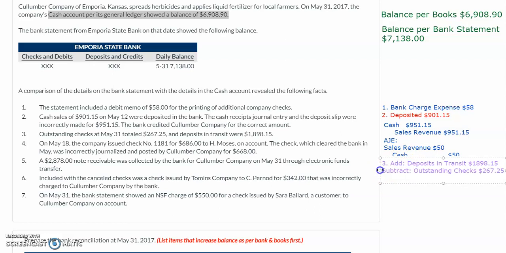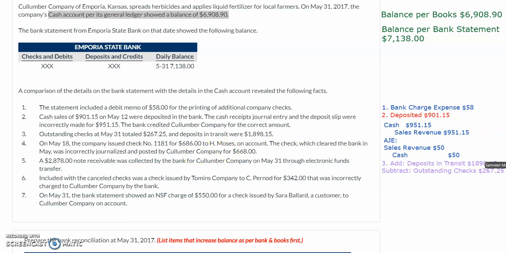All right. Then we get to number 4. So number 4, the company issued a check for $686 to H. Moses on account. So the company wrote a check, and the check cleared the bank for the amount that the check was written for. But what happened was that it was incorrectly journalized and posted by Cullenberg Company.